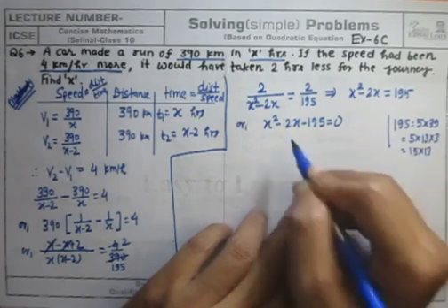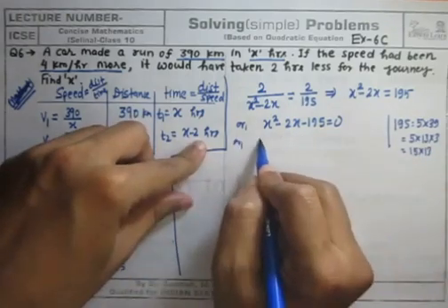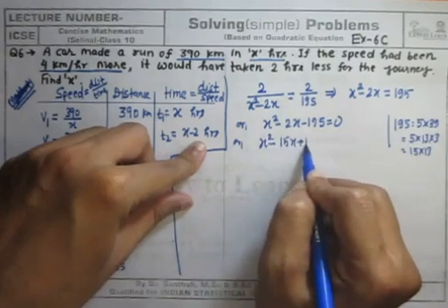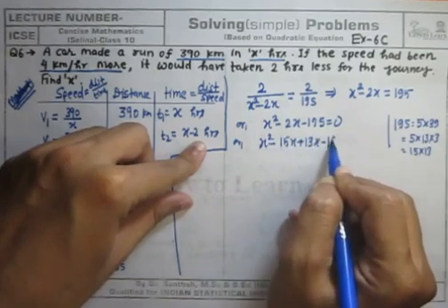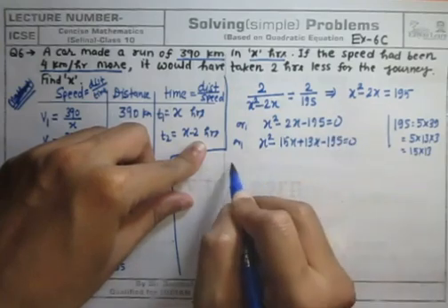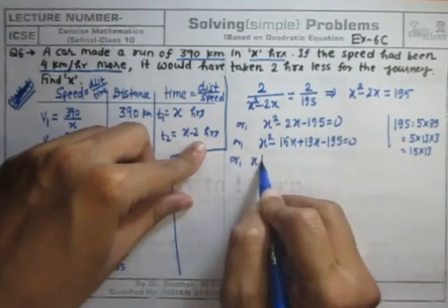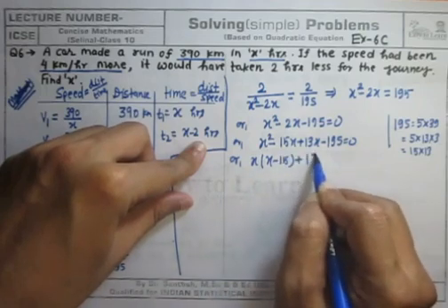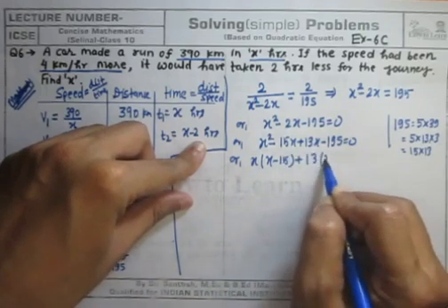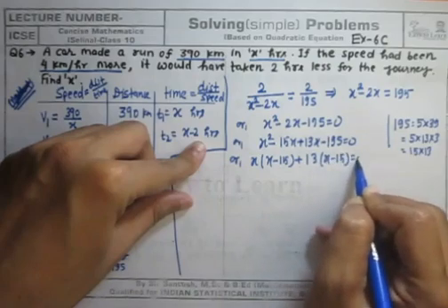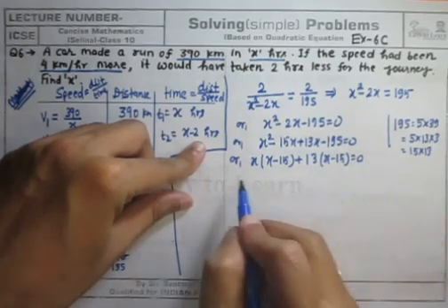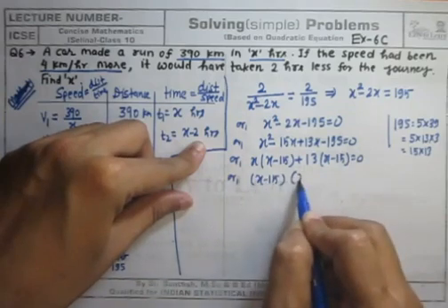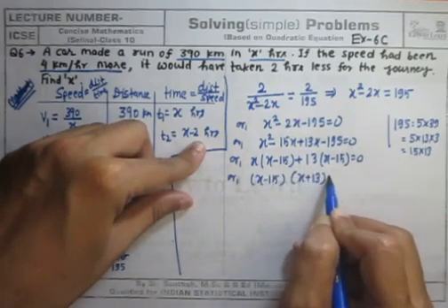Now here the difference is 2, so x square minus 15x plus 13x minus 195 equal to 0. Take x common, so x minus 15, take 13 common, so x minus 15 equal to 0. So we get x minus 15 into x plus 13 is equal to 0.